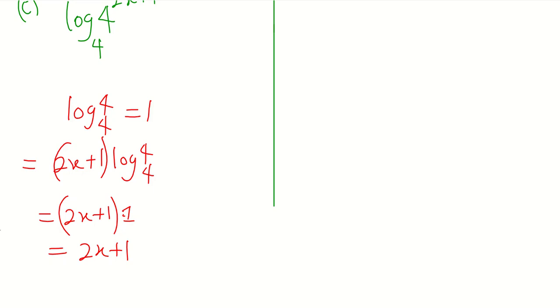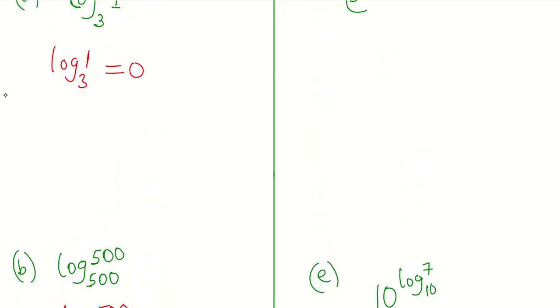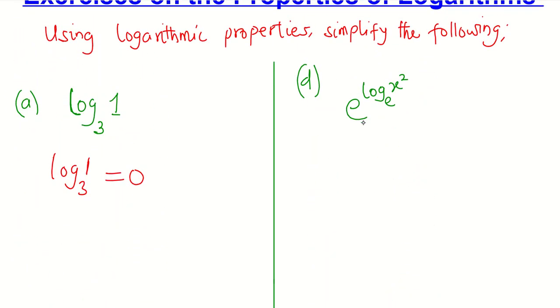Now we go to the next examples. The next one, we have e exponent the logarithm of x squared to the base e. Remember? Yes, so with this, once there is e here, and then there is e as the base, the bases are all e, then our answer is going to be x squared. So we have x squared left, and x squared becomes the answer.